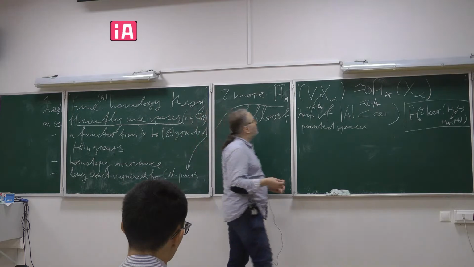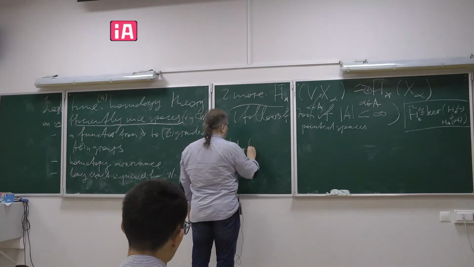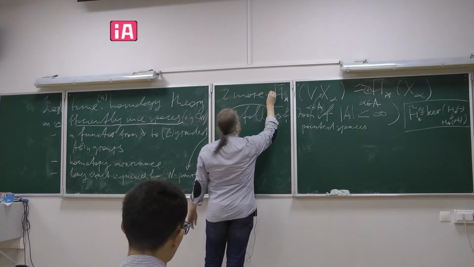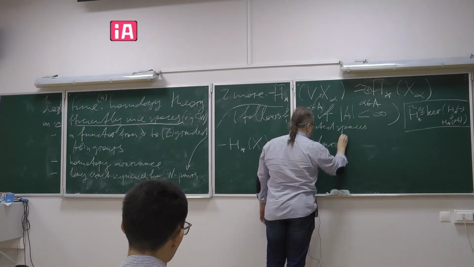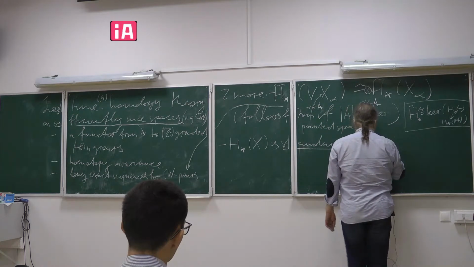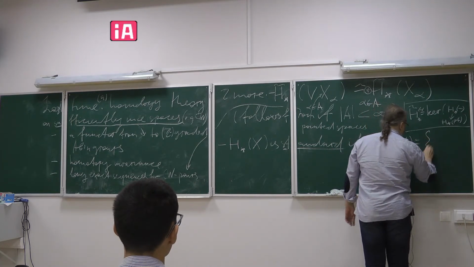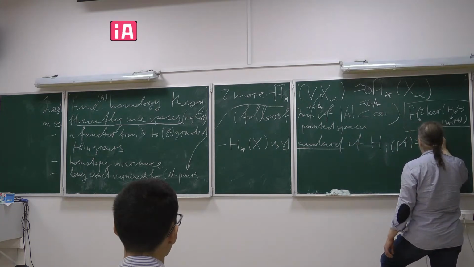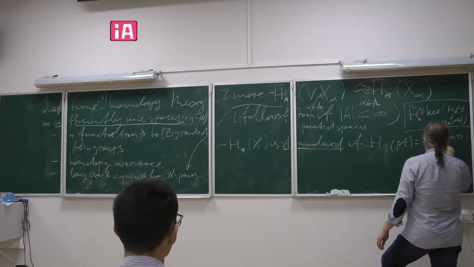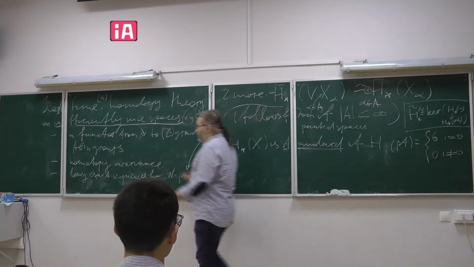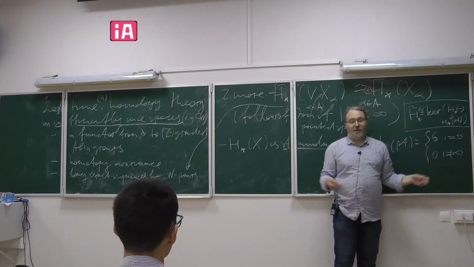Okay, so a homology theory is standard if the homology of a point is something in degree 0 and 0 in non-zero degrees.